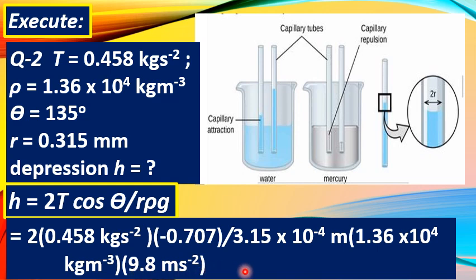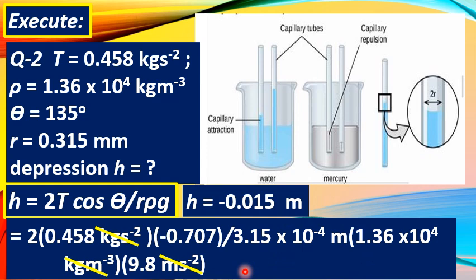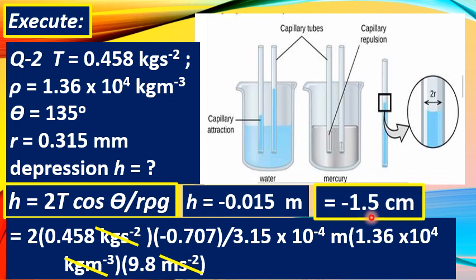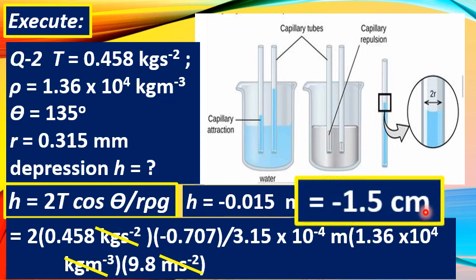So finally, doing your math and the unit cancellation, we will arrive at the value of h, that is equal to negative 0.015 meters, which when converted to centimeters is just equal to negative 1.5 centimeters.